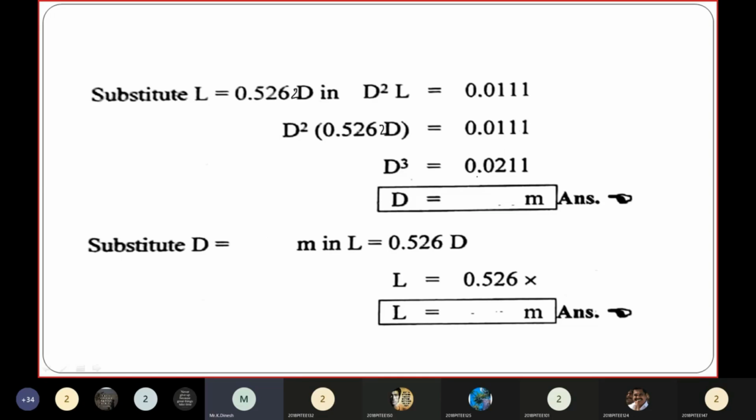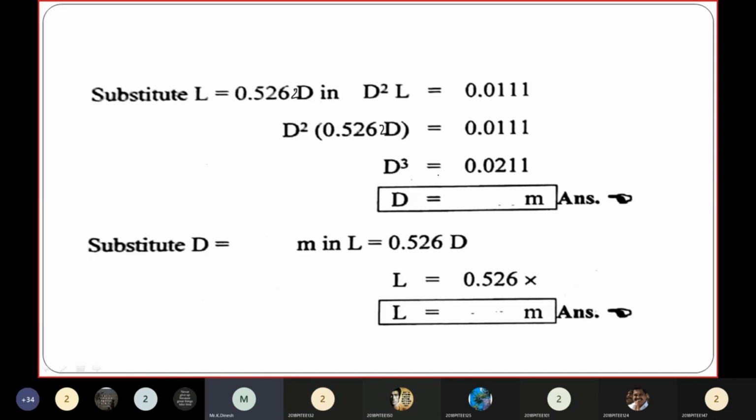You may get a D cube as 0.0211. Once you are taking cube root, you may get a D value. So what is the D value? That is 0.0111 divided by 0.5262. 0.276, sir. 0.276.